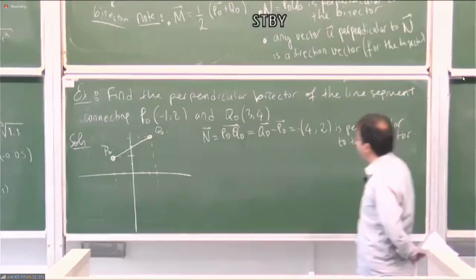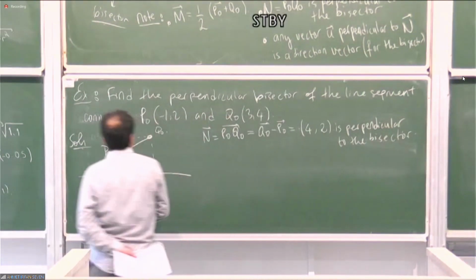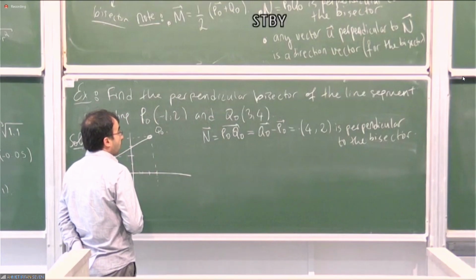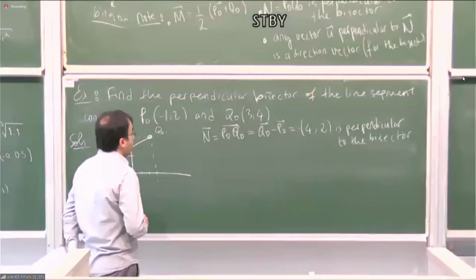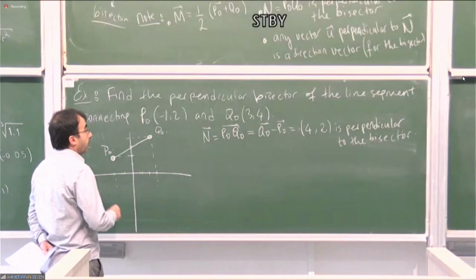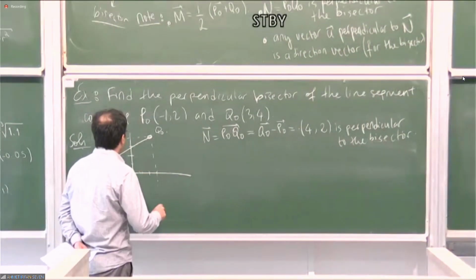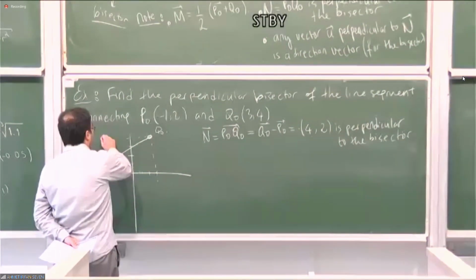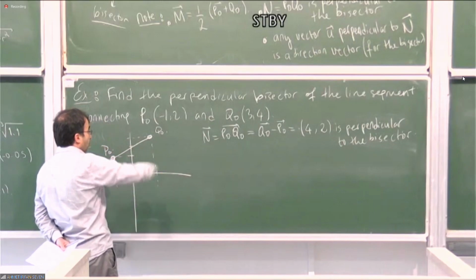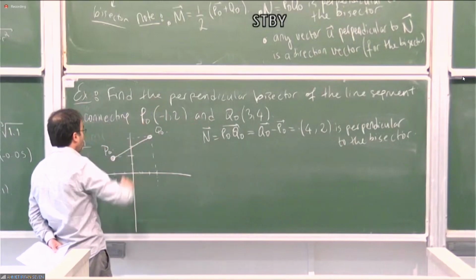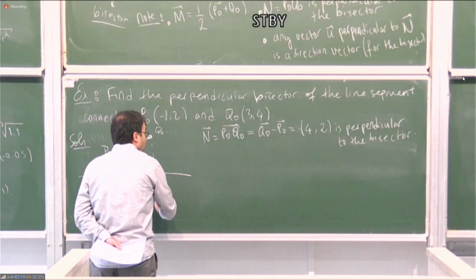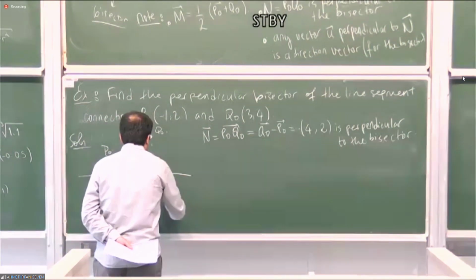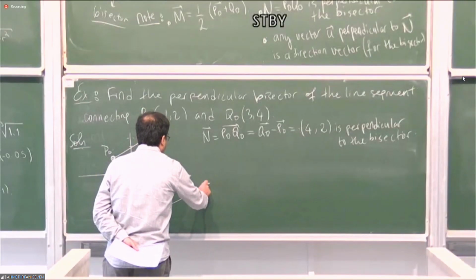So this n vector is going to be like the following: 4, 2. Let me draw something here. So 4 units to the right, 2 units up. So it will be something like that.